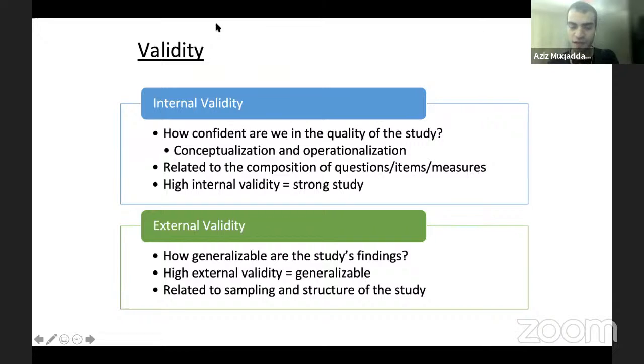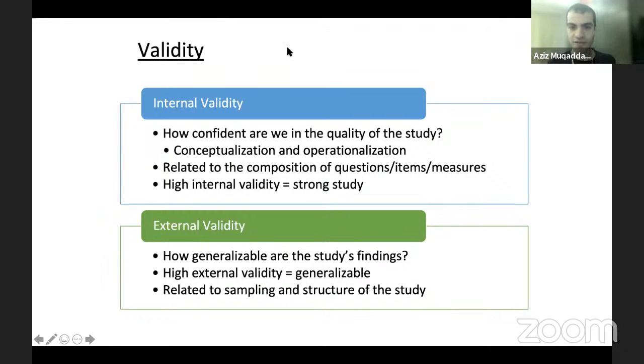If that's true in the sample, is it true for the population? Or can we draw from that to the theory? So for instance, if we say people who play cooperative video games showed less violent traits, so cooperation leads to less violent traits, okay, that's something we could apply to the theory. And that's more related to the sampling process, right?